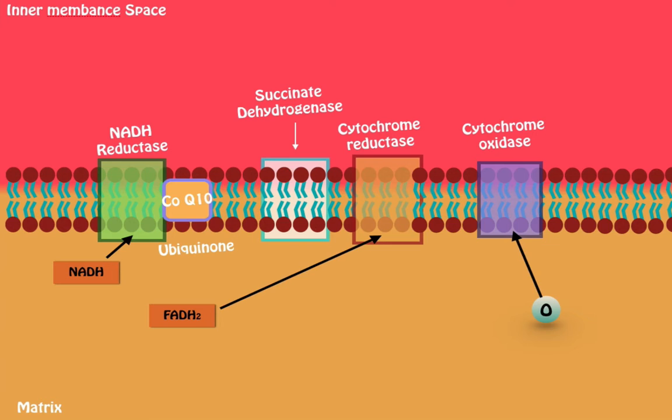Now, looking at NADH reductase and cytochrome reductase a little bit closer, you're going to notice that in this process, NADH will drop off its electron at the first protein here, NADH reductase.